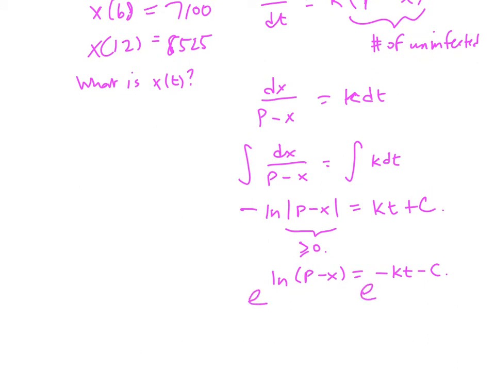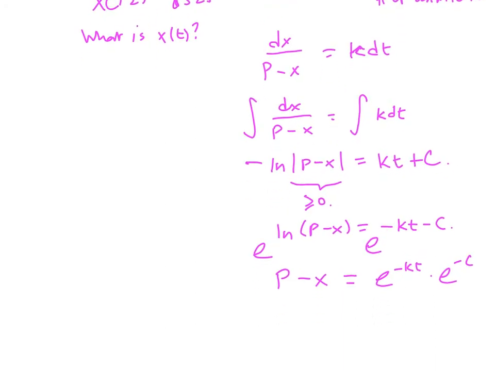Now I'm breaking my own edict against doing both of these steps at once, but I'm just running out of space here. Anyway, P minus x is going to be equal to e to the negative kt times e to the minus C. And again, e to the minus C is just a fancy name for a constant multiplier. So I've got some constant here times e to the negative kt.